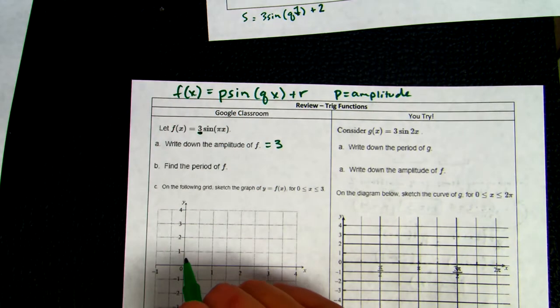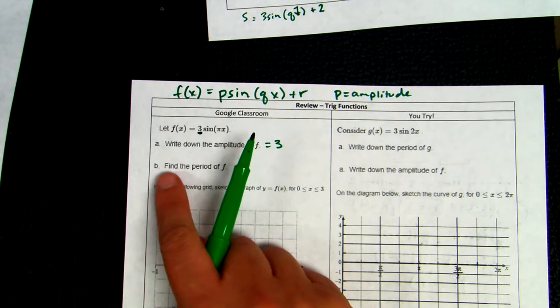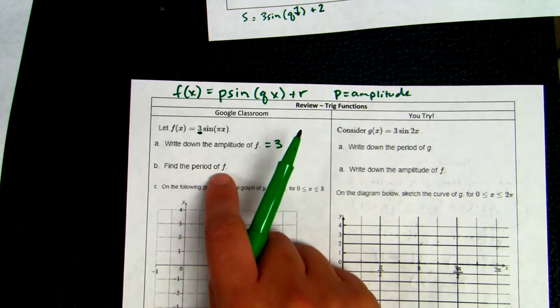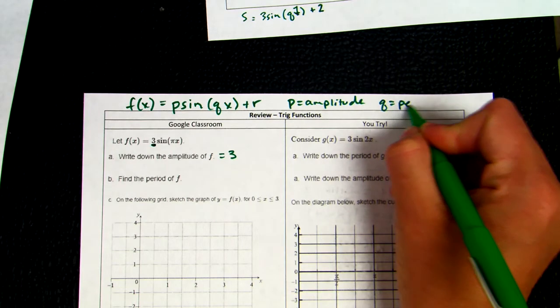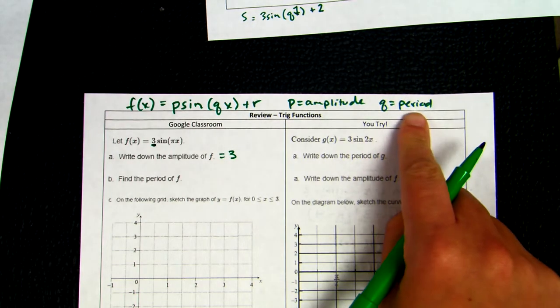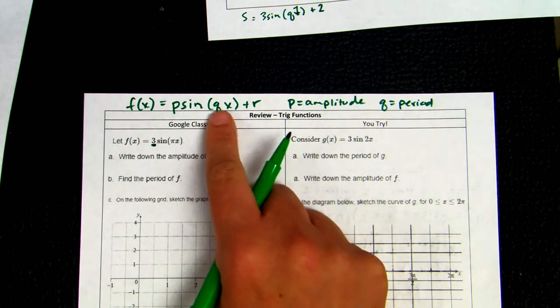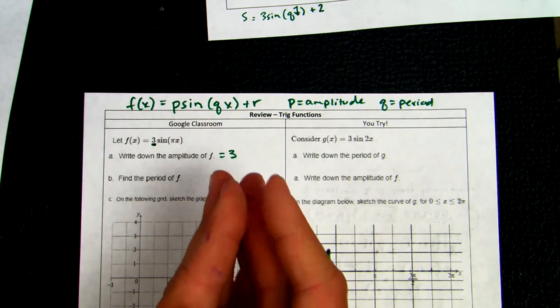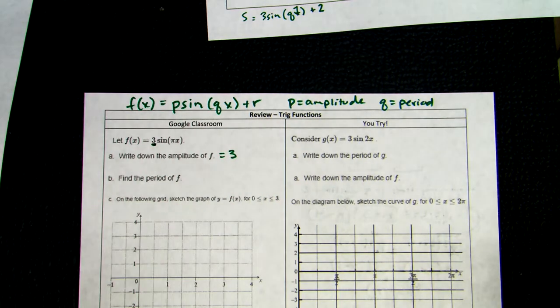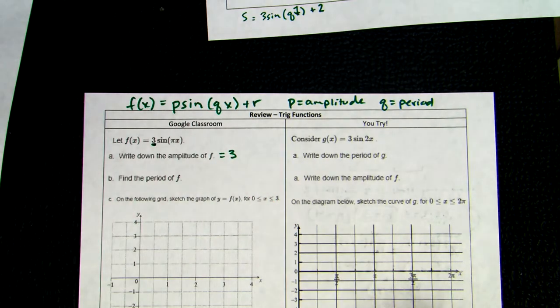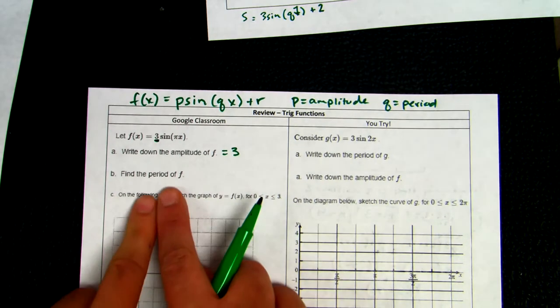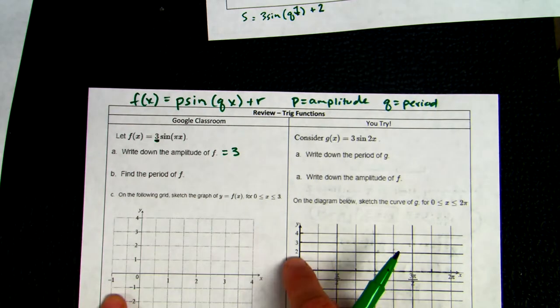Because P, the value in front, is our vertical stretch, whatever number is in front here is always going to be my amplitude. Next thing we're going to look at is find the period of f. Well, Q is the value that changes the period. All we talked about with Q is whether it made it horizontally stretched or horizontally compressed. But we can actually find out exactly what it makes the new period based on what we know about the period of the parent function.